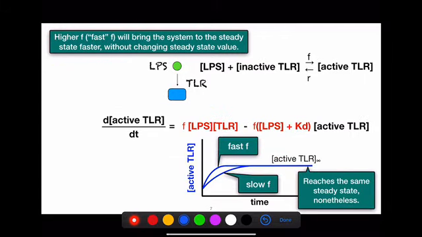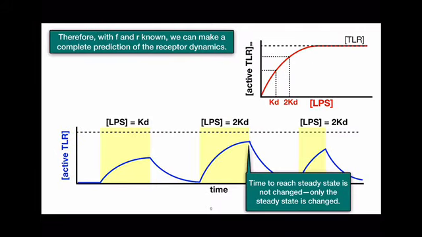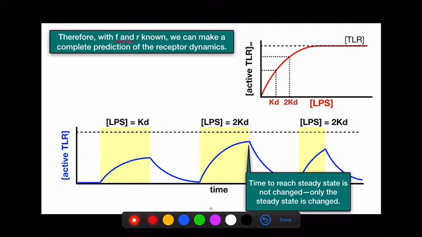So eventually, what it tells you is that if f had a larger number, it means that f is fast, then reaction will happen in a much shorter time scale. So the reaction will happen in a much shorter time. So all of those means that if you know the forward rate and the reverse rate, we can predict the dynamics completely.